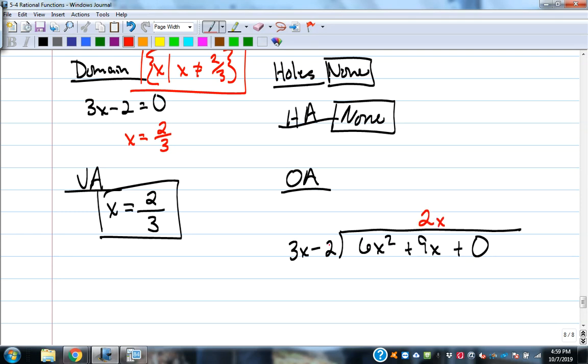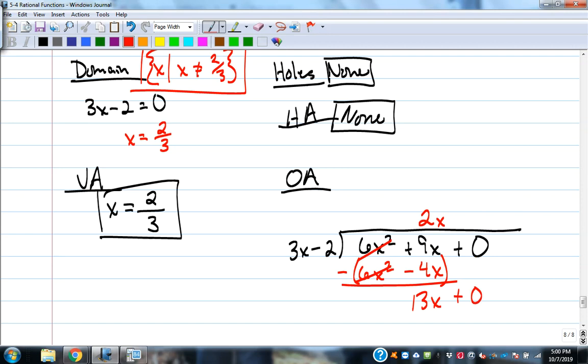Distribute the 2x to the 3x minus 2. So that's 6x squared minus 4x. Parentheses around that guy and subtract. Subtract those two. The x squareds go away. 9 minus negative 4 would be 9 plus 4, which is 13x.